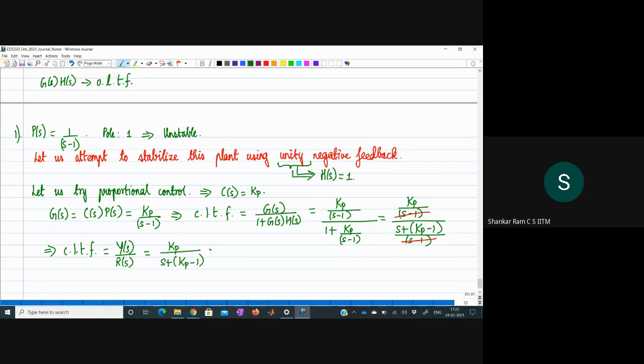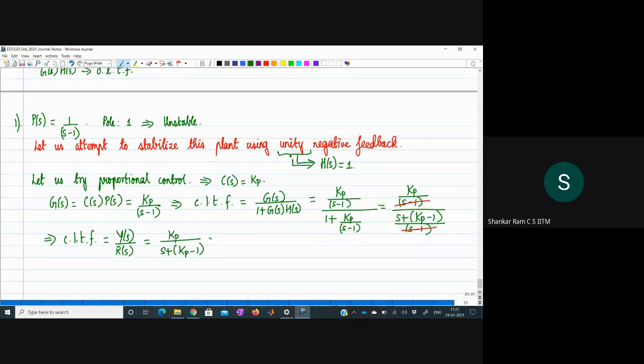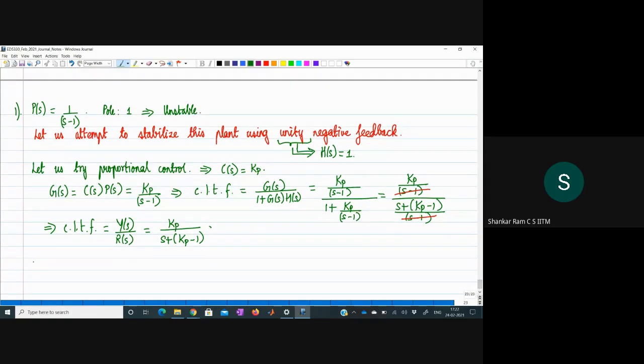Right? So I hope everyone is clear about this. Now, what is the closed loop characteristic equation? S plus Kp minus 1 is the closed loop characteristic polynomial. So consequently, the closed loop characteristic equation is S plus Kp minus 1 equal to 0. Right?